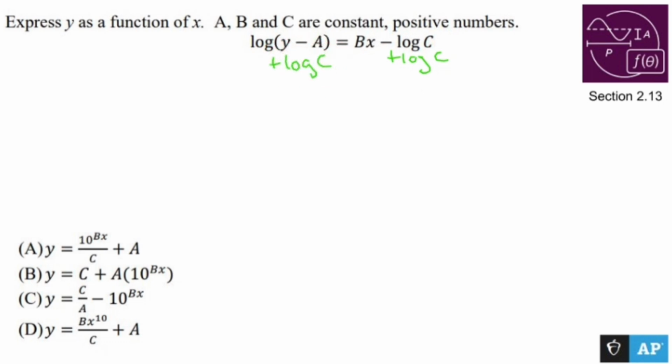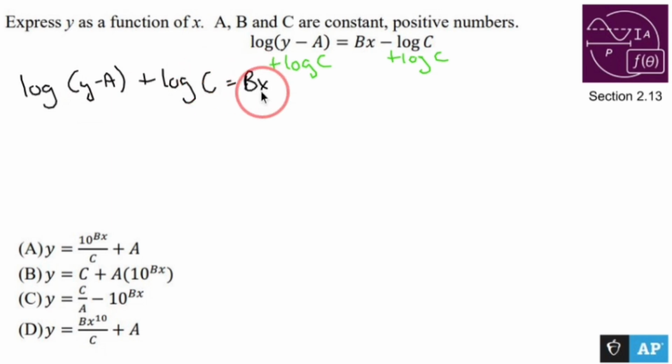Now, even though it doesn't look pleasant, this is good news because I have log of y minus a plus log of c. Both of these guys are invisible base 10s, which means you guys combine. When you add logs of the same base, multiply the insides.